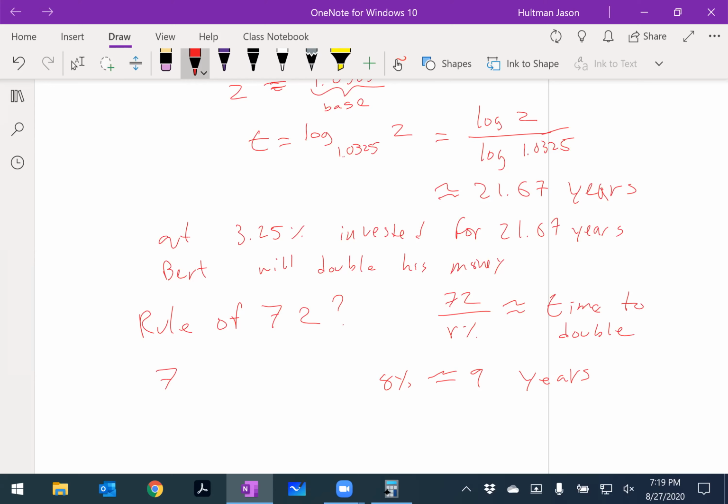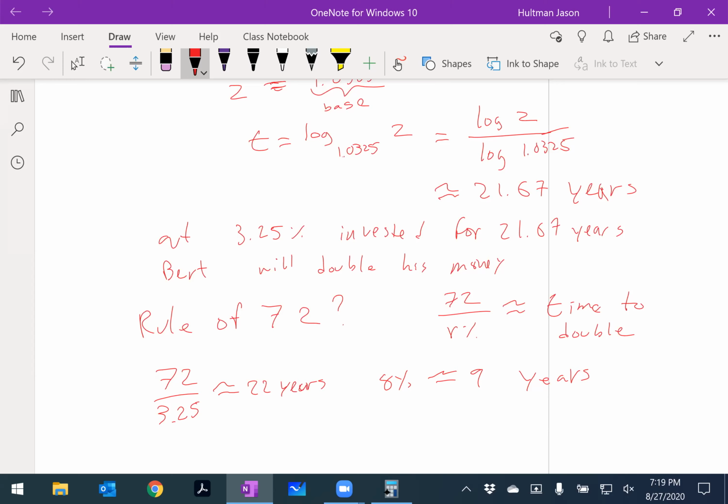Like we showed up here, if we take 72 and divide by 3.25, approximately how many years is that? 72 divided by 3.25 comes out to about 22 years. So does it work? Yes, it gives you a rough estimate.